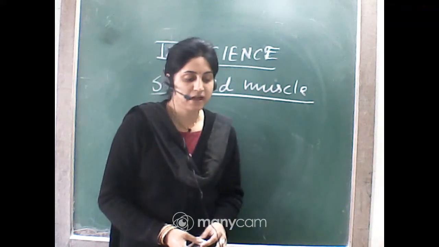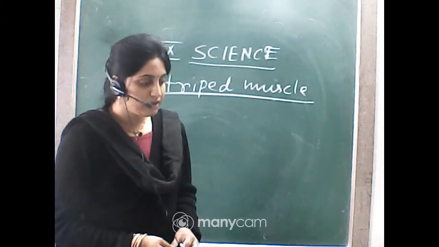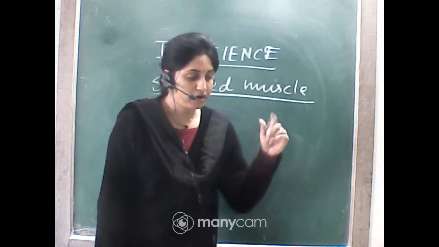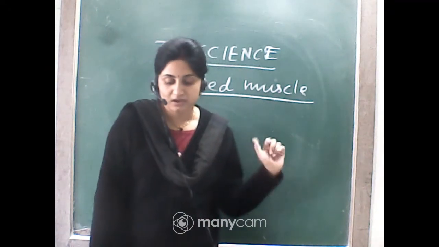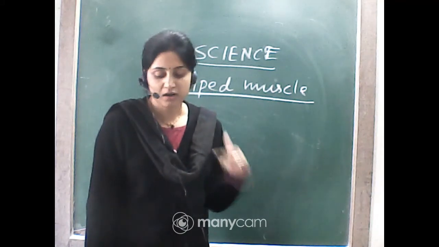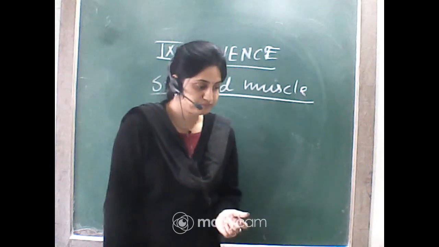Give a comma in between each characteristic. Striped muscles are long, comma, cylindrical, comma, non-tapering and unbranched.